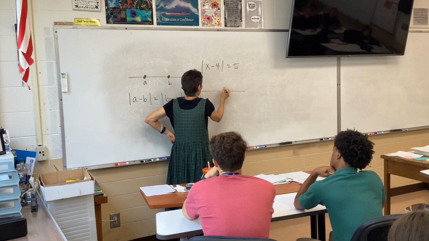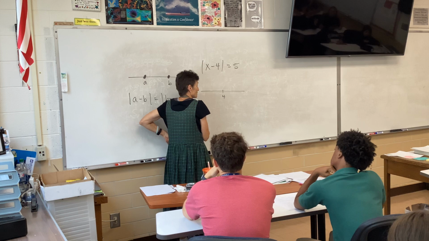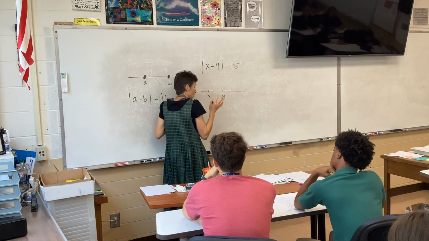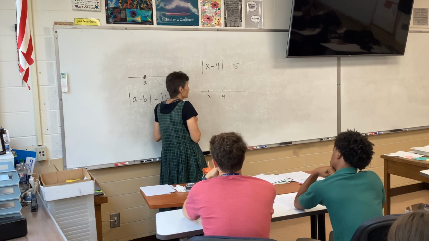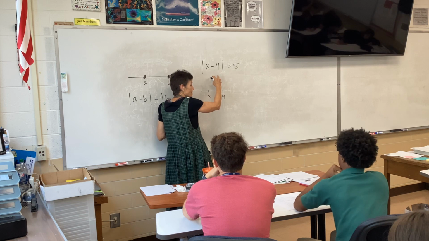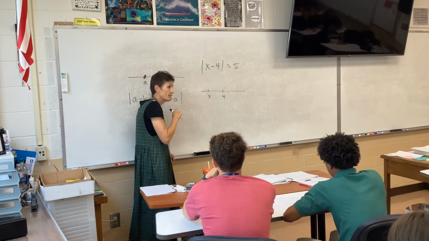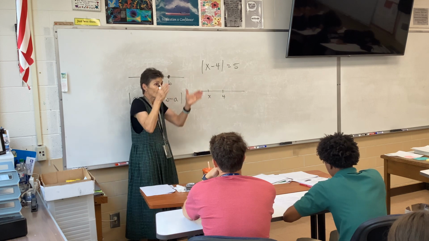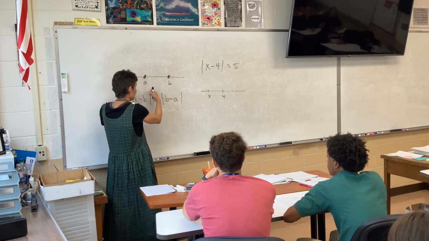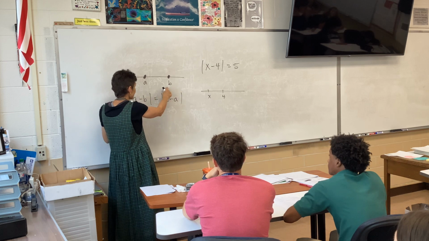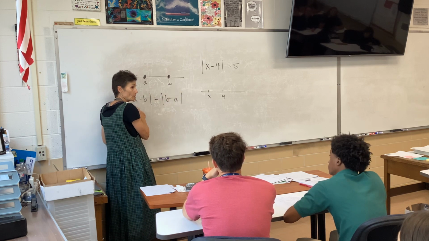So I'm gonna put 4 right here, and I'm gonna put X right here. I don't know where X is, I'm just gonna put it right there. And this says that the distance between those two numbers is 5. The absolute value of a difference is the distance between two things on the number line.